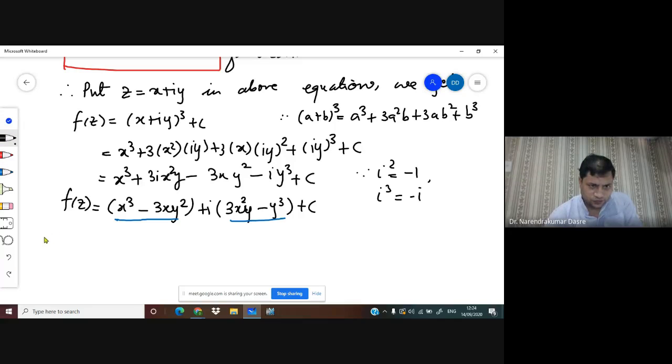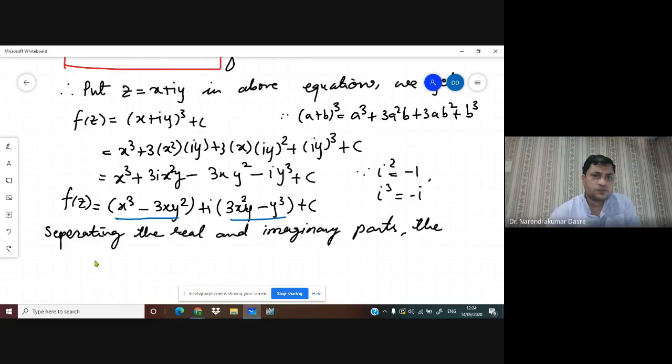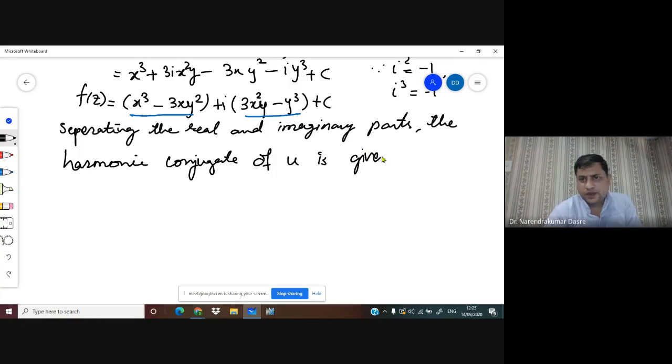Hence, separating the real and imaginary parts, the harmonic conjugate of u is given as v equal to 3x square y minus y cube.